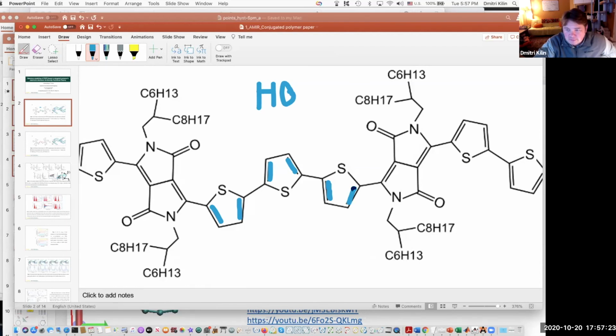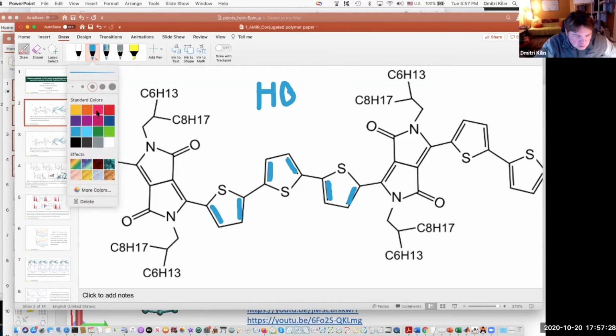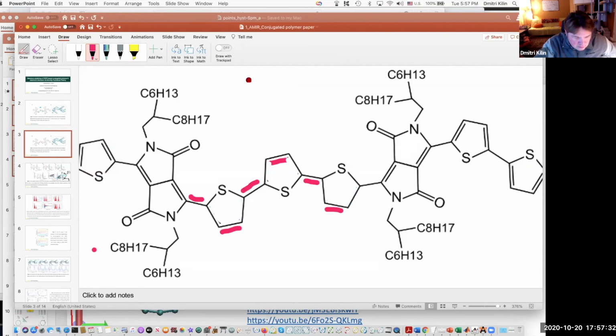Now, if we go to LUMO, I will go to the next slide. It also shows a conjugation path, but now it shows alternating. Where it was a single bond, now it is double. Where it was a double bond, now it is single. I will just click forwards and backwards here.